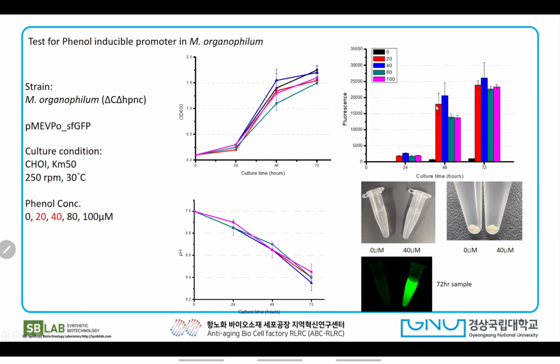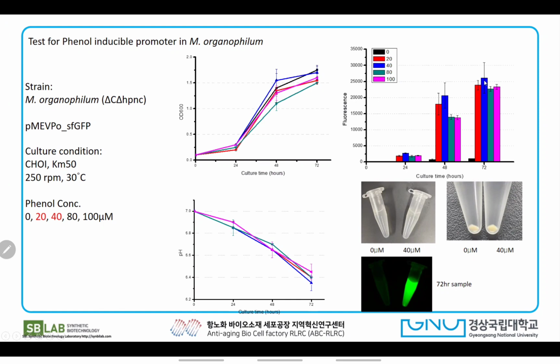And we found that at 48 hours, the 20 micromolar and 40 micromolar seem to show the highest expression of SFGFP. And at 72 hours, where we terminate our growth, still the 20 and 40 seem to show the highest expression.